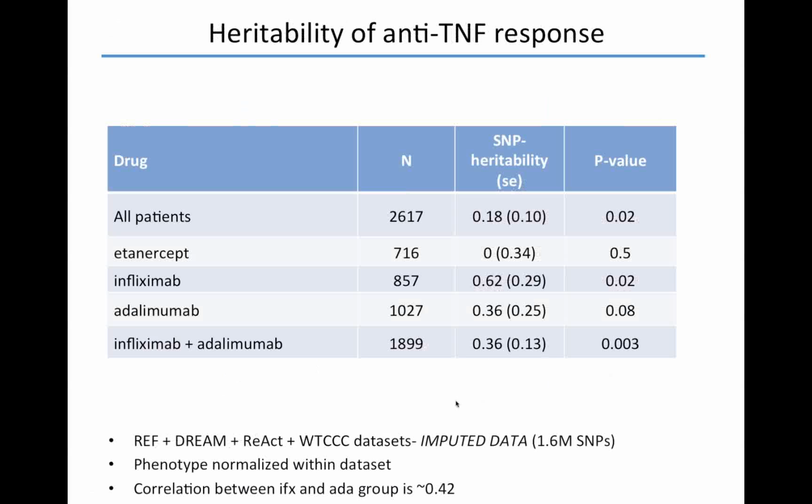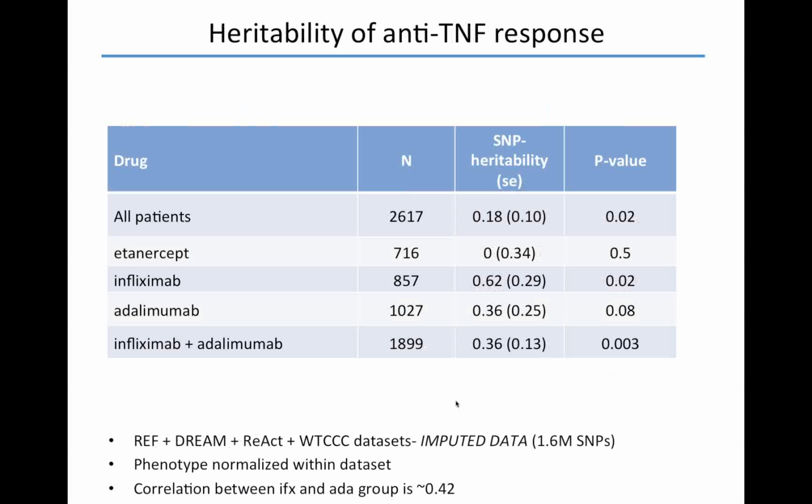So applied to the discovery data, we found some significant SNP heritability results. In particular, in the middle column of results, SNP heritability, and then the right-hand column, the p-value for these estimates being significantly different than 0. The top row of results was the results for all patients, the discovery data as a whole, finding about 20% of phenotypic variance explained by all the common SNPs together.